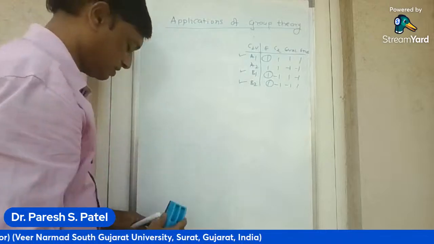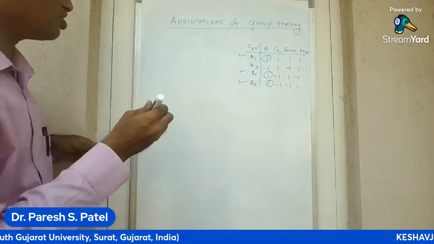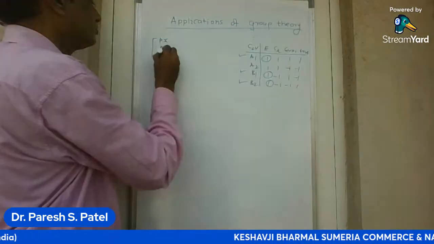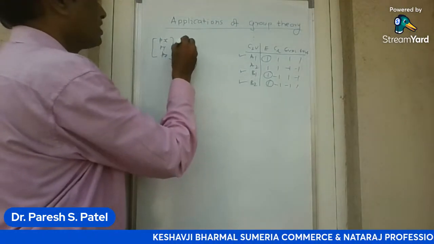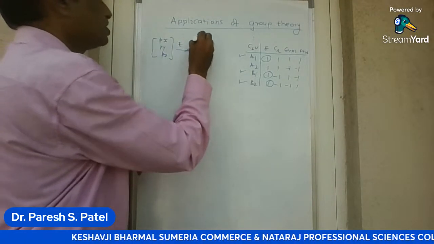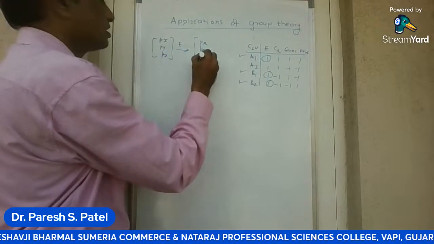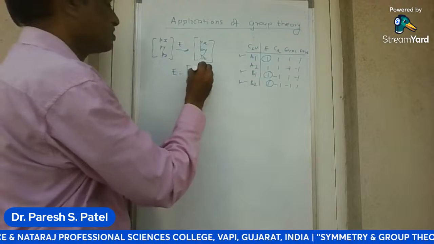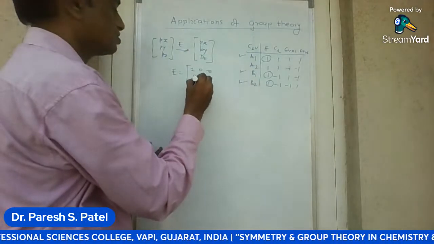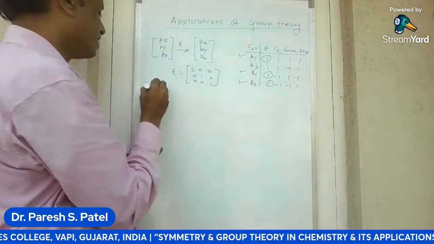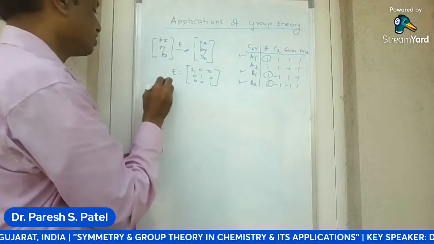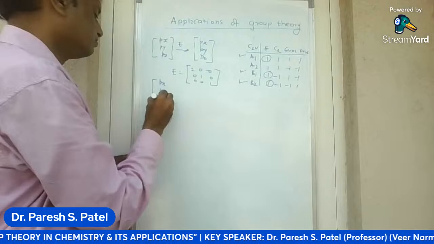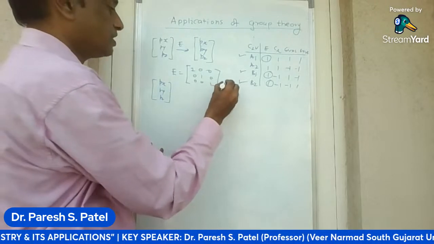Now, if we operate a combined symmetry operation on px, py, and pz, with the identity operation there is no change in the position of px, py, and pz. So we can write the matrix for identity: 1, 0, 0, 0, 1, 0, 0, 0, 1. The character of this matrix is equal to 3.